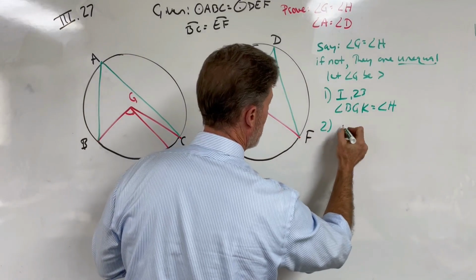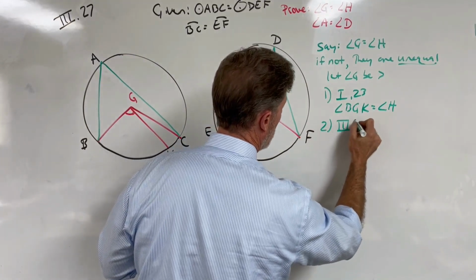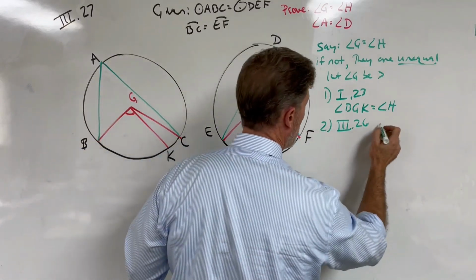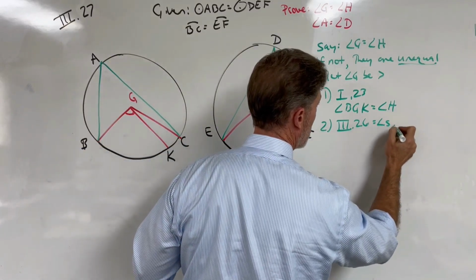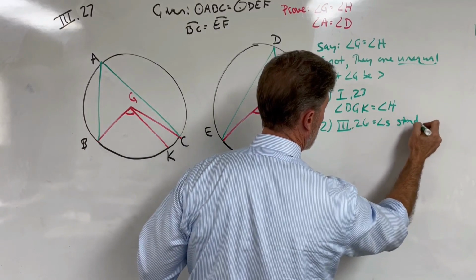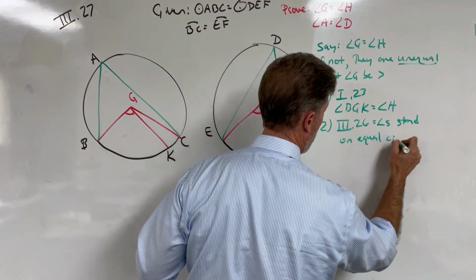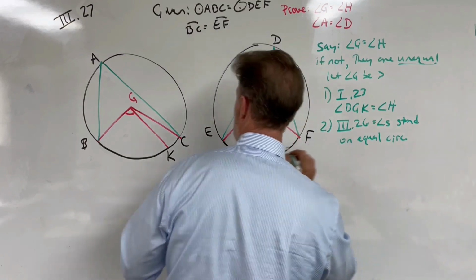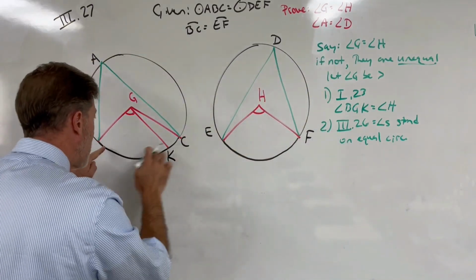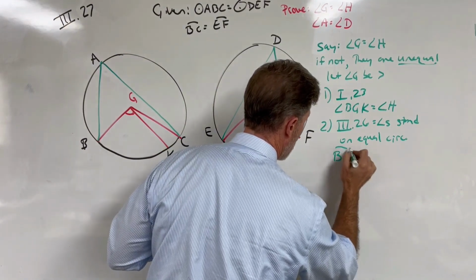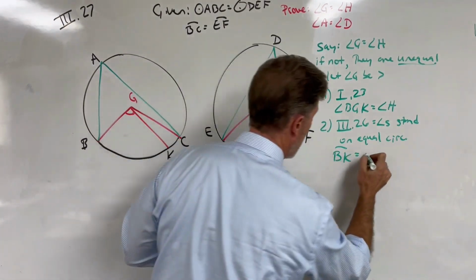Our second step is we invoke Book 3, Proposition 26. If these angles are equal, Prop 26 says that equal angles stand on equal circumferences. So if these angles are equal, they stand on equal circumferences, which means circumference BK is equal to circumference EF.